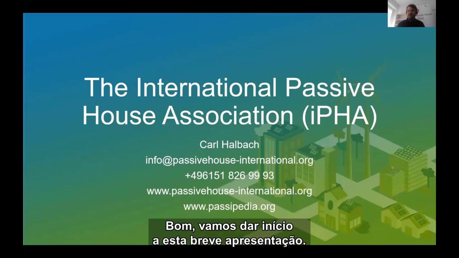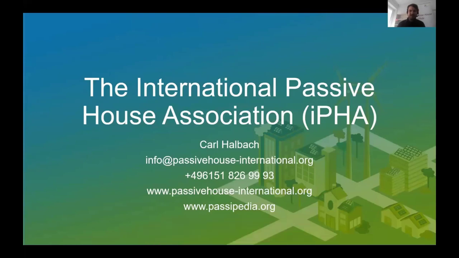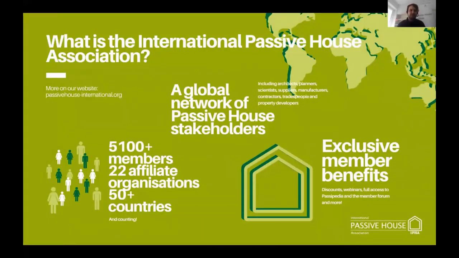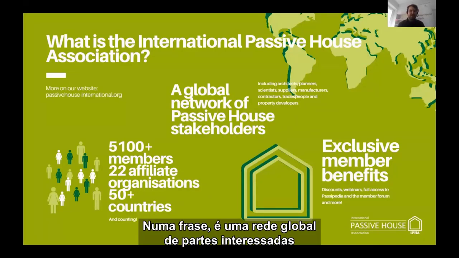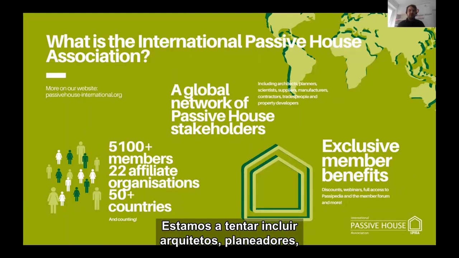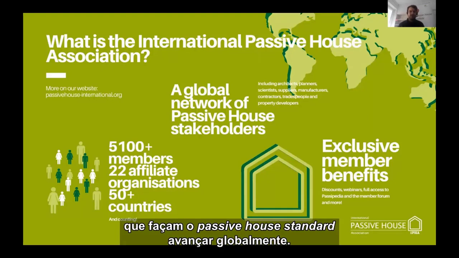Okay, so let's get right into it. It's a quick presentation. What is the International Passivhaus Association? To have it in a short sentence, it is a global network of Passivhaus stakeholders. So we are trying to include architects, planners, manufacturers, so people from a variety of backgrounds to bring the Passivhaus standard forward globally.